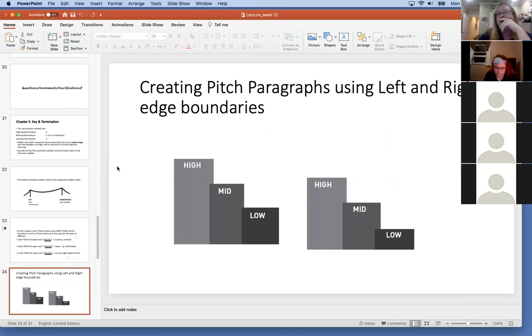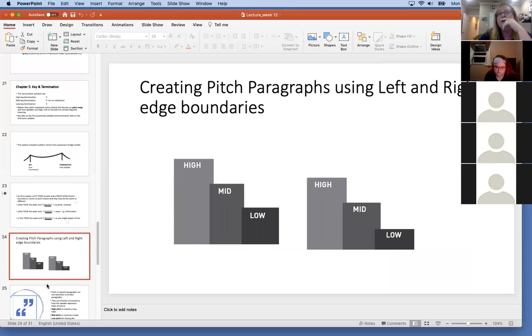These are very much like written paragraphs. They're topic based, and they'll tend to start high, go through to mid, and end up low, within each paragraph. And here you've got your next paragraph. It starts slightly lower, then lower, and then ends up lower.